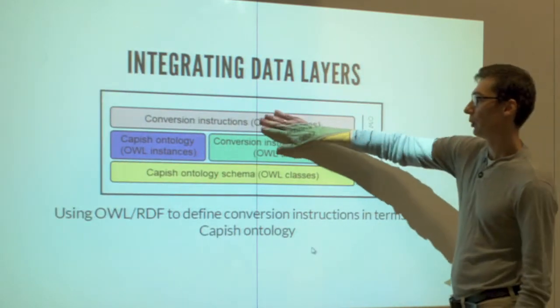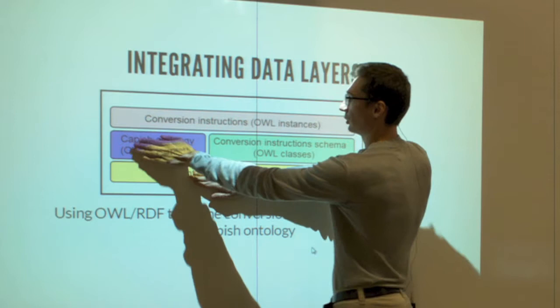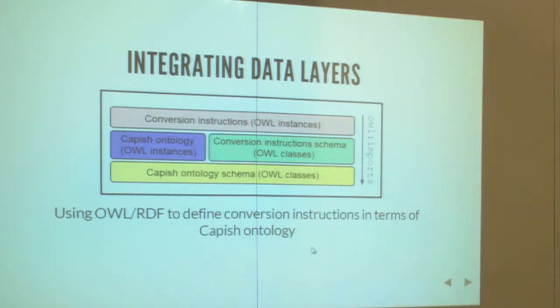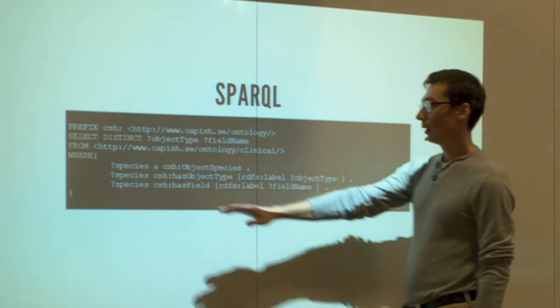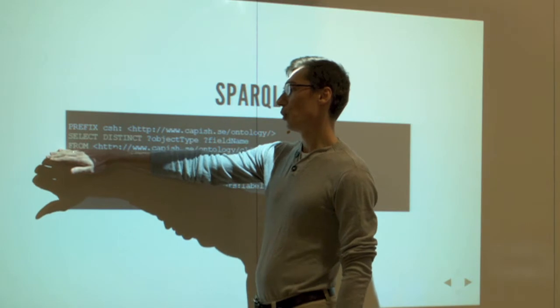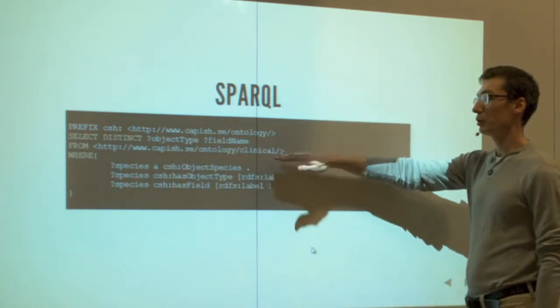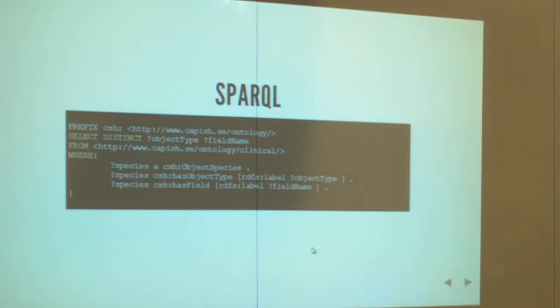Here we don't care about these ones, we only want to ask questions to this part. SPARQL gives us this possibility with the so-called FROM clause, where one specifies the graph one is interested in explicitly.